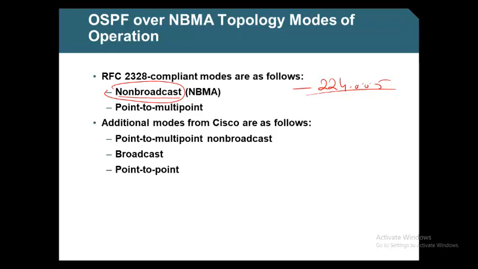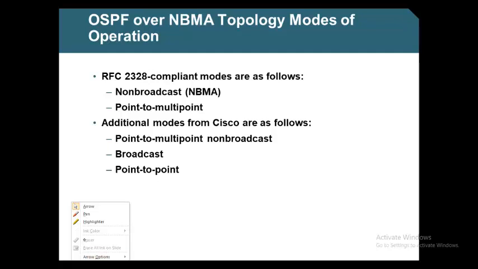If multicast is not supported in that environment, how will you do multicast? How will you discover neighbor? That is why in this default mode, we must configure neighbor manually.